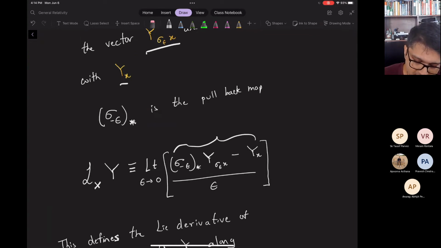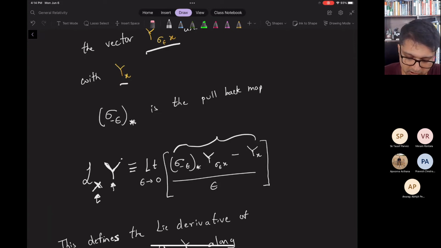This defines something called the Lie derivative. This is the Lie derivative of the vector field Y by the vector field X. You have to specify two vector fields: one that I'm taking the derivative of, and one that specifies the direction along which I am differentiating it. And of course I have to specify at which point.